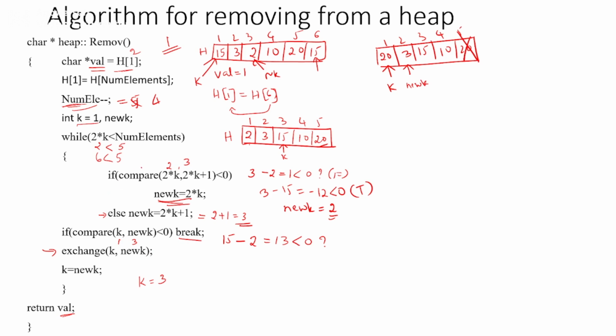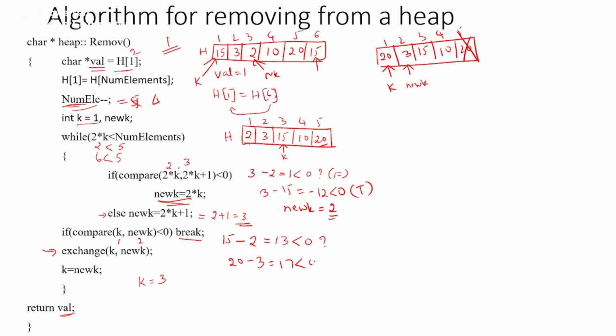Then it will not go to the else part, it will go to the if. Compare k and new k now. What is k? K is pointing to 1 and new k is pointing to 2. Compare 1 and 2, 20 and 3. So 20 and 3 when you compare, you will get 20 minus 3, that is nothing but 17.